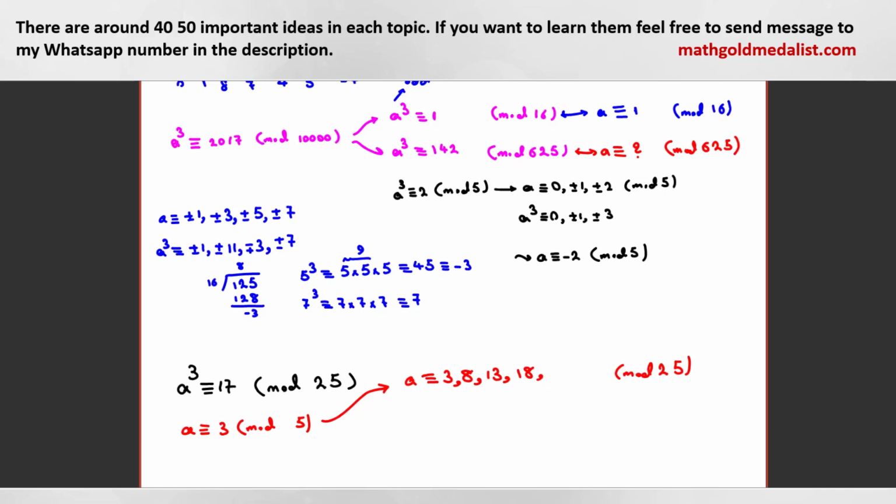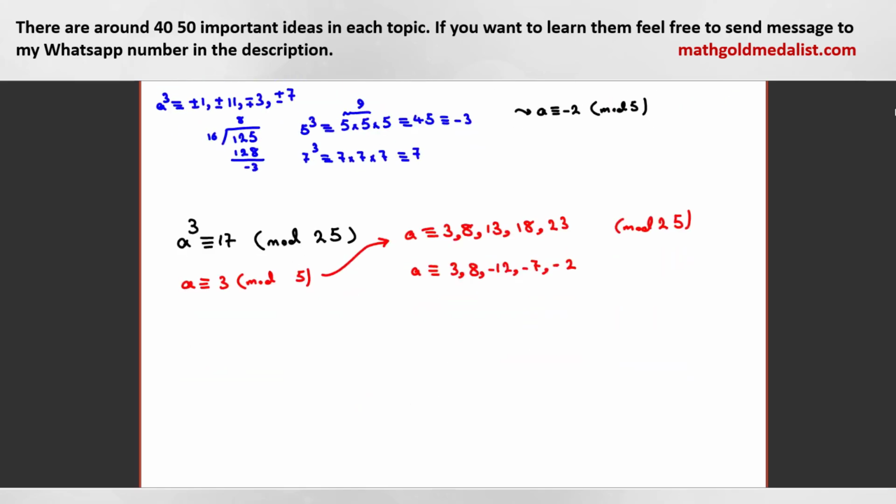Sometimes it happens. Okay, so next one is what? 23. 23. Yes. And we can say it is 3, 8, -12, -7, and last one negative what? -2. Yeah, so you try to work with a smaller one, right?